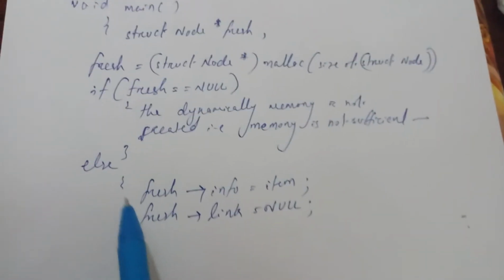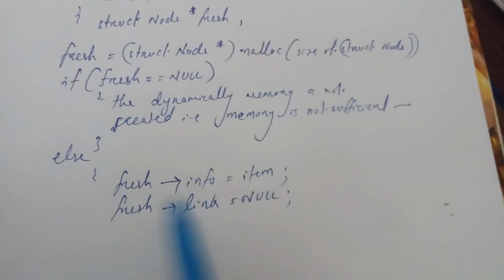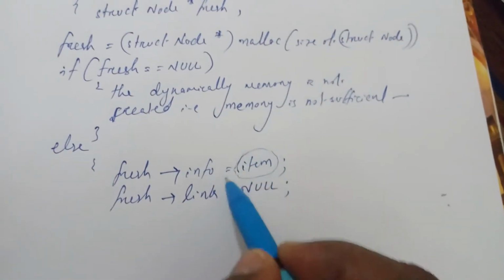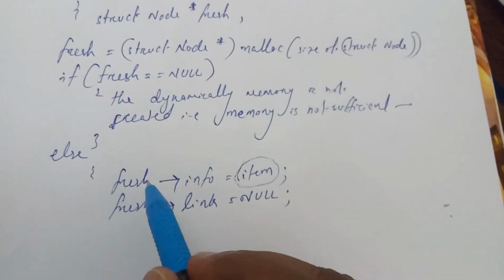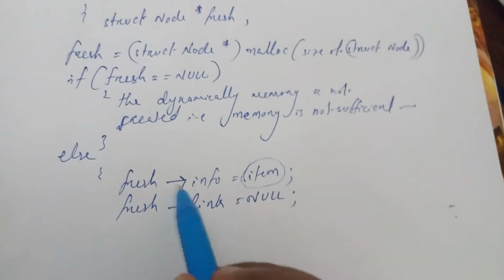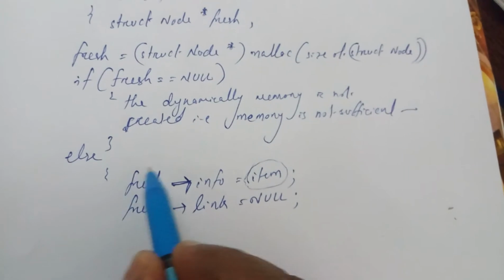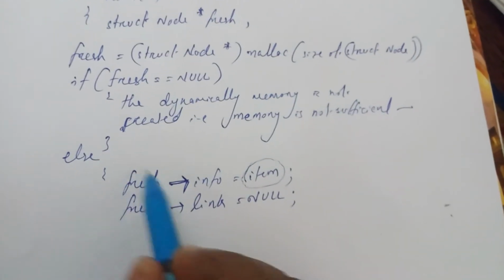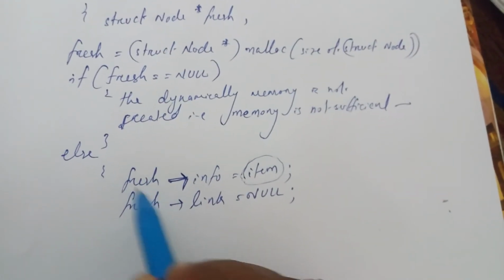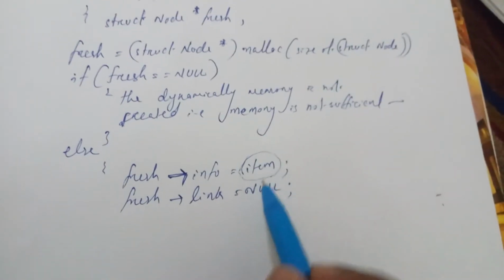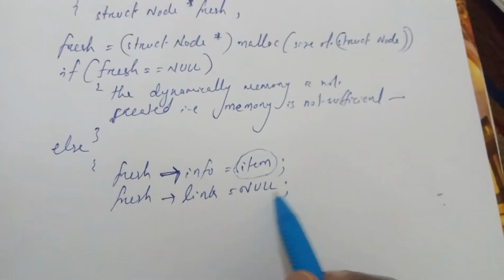This value may be some static value, or you can take the value dynamically by using scanf. But you have to use this arrow operator, because phrase is a struct node type pointer. Using a pointer you can give values to a structure by using the arrow operator. So phrase arrow info, phrase arrow link null. So this phrase node is created.